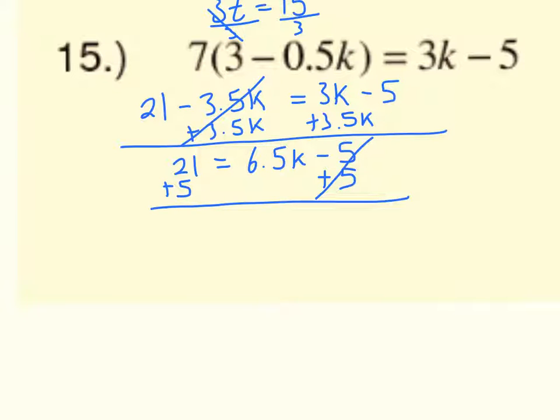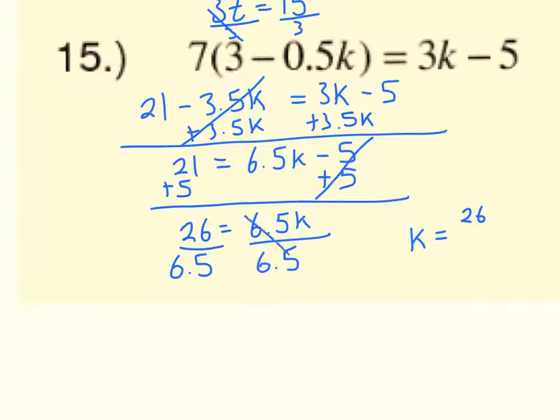This cancels. So I'm left with 26 equals 6.5k. And when we divide by 6.5 on each side, k equals 26 over 6.5. And when you do that, k equals 4. Comes out nice and neat.